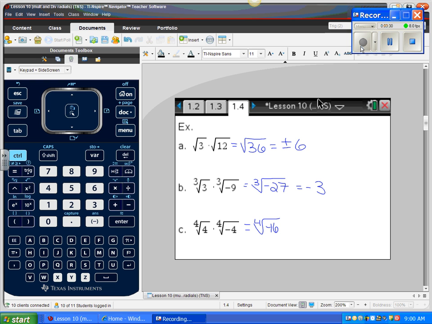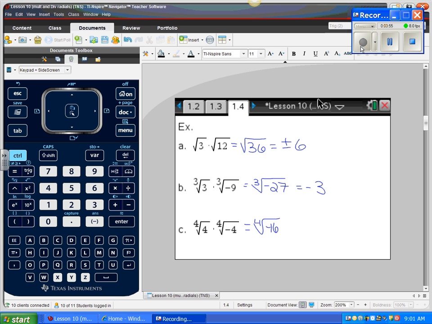Okay, is there any negative number that you can multiply by itself 4 times to get another negative number? No. Why? What's a negative times a negative? Times a negative? Negative times a negative? Positive. So any negative value raised to the 4th power becomes what? Positive. Any negative value raised to an even power becomes what? Positive.